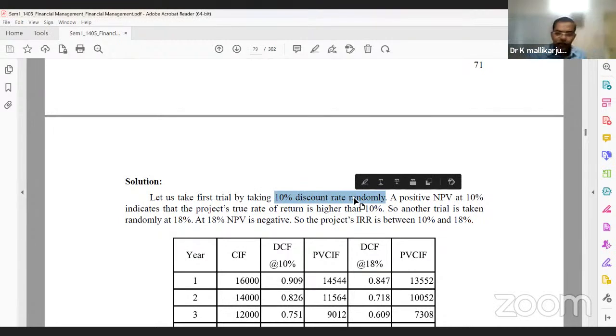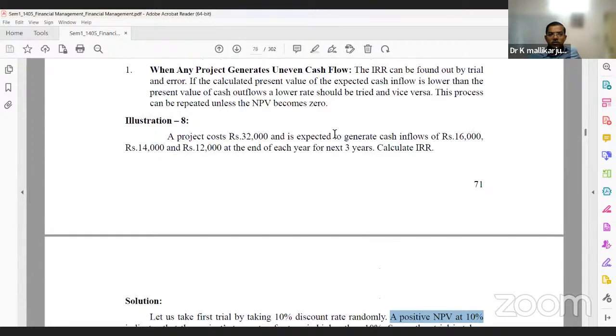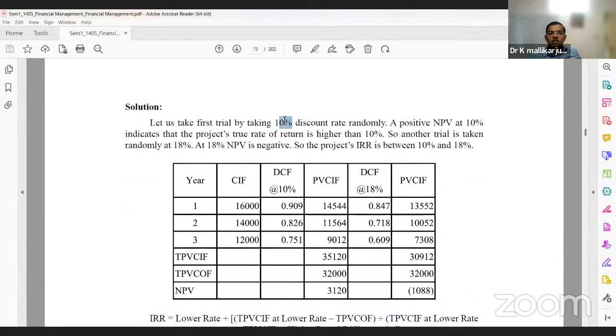Earlier we did not assume; we were given a 10% cost of capital. But here, we randomly assume a rate giving a positive NPV, say 10%. The cash flows are 16,000, 14,000, 12,000, and we assume 10% cost of capital values.